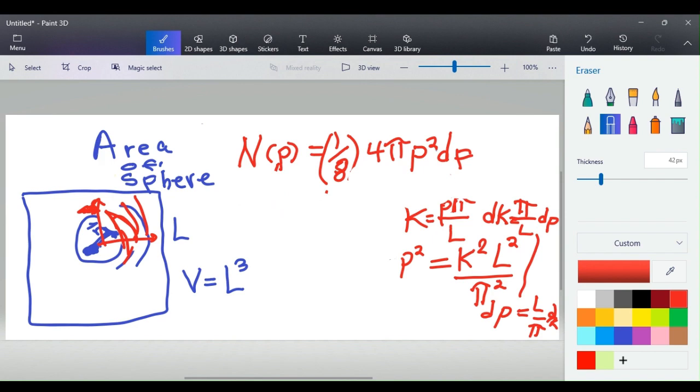Okay, what we want to do is put this in terms of K and dk. Why is that? Because this has the wavelength information, and this is going to give us our frequencies out of here. So I'm going to leave this up here for a little bit so we can plug that in.